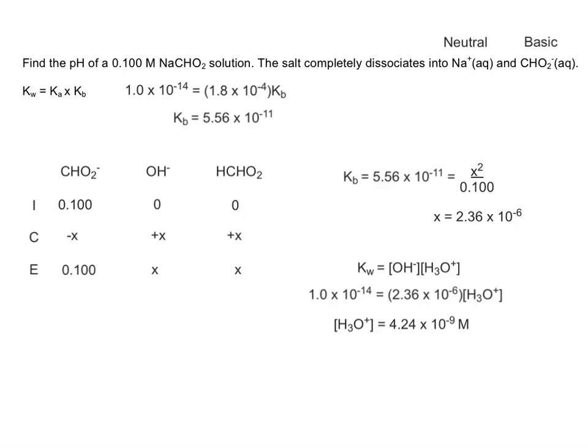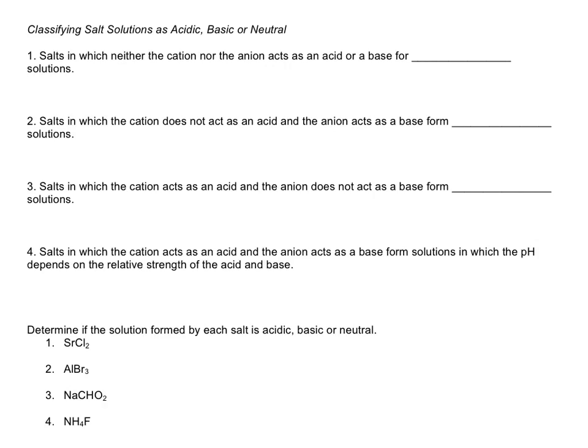Now to find the pH, we need to do pH equals the negative log of 4.24 times 10 to the minus 9th, and that is equal to 8.372 as our pH.